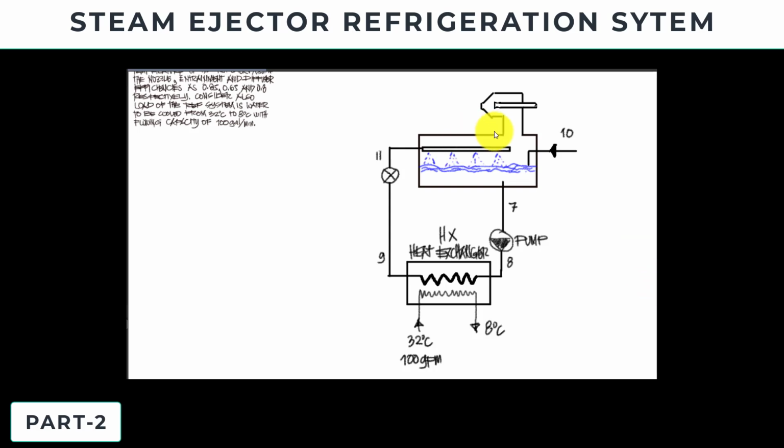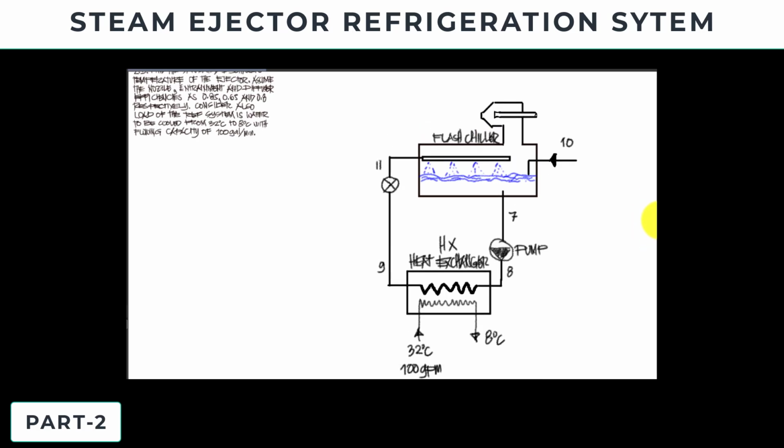Then the other properties we have: the nozzle, which is attached to the flash chiller. This will be my flash chiller tank, and the injector is attached above it. We don't know the mass flow rate, which will be my point O, so I'm going to call this m sub o.